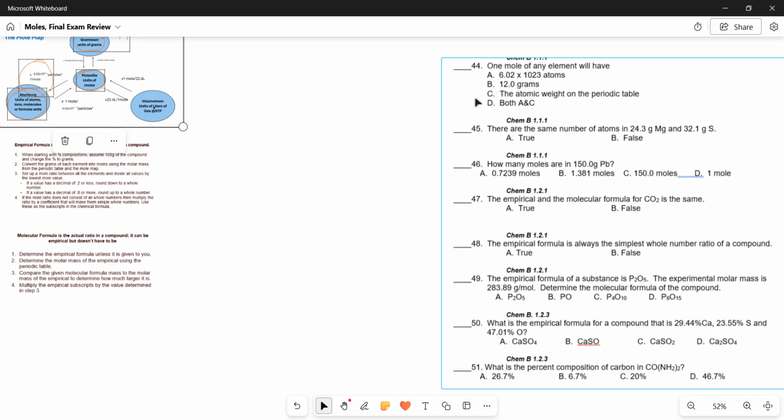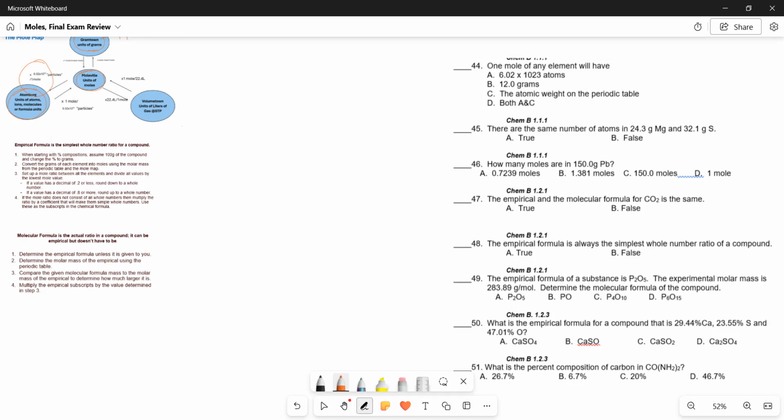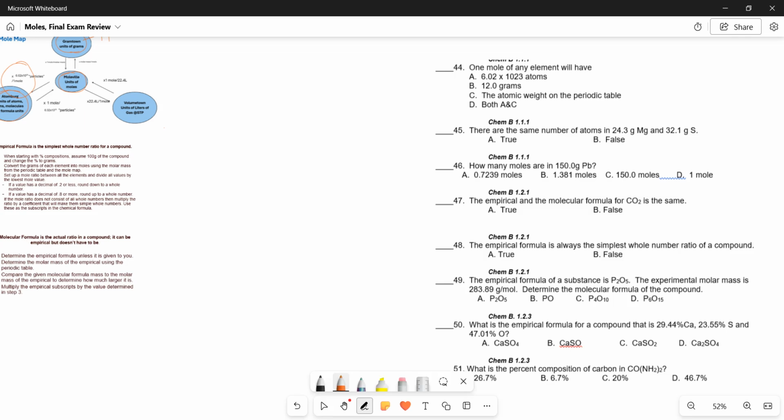So B is not correct. C, the atomic weight off the periodic table. Yes, that is true. All substances' masses on the periodic table are equivalent to 1 mole. And so the answer to 44 is C.